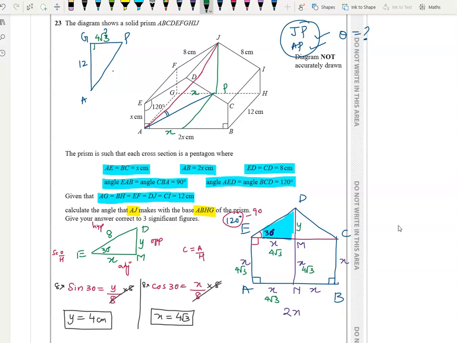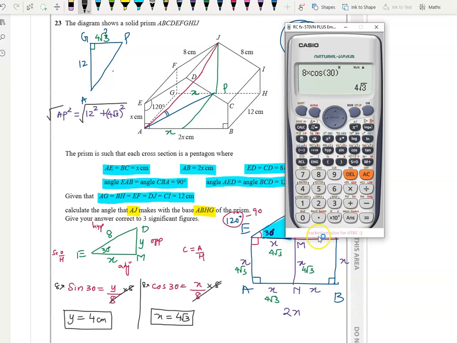Now in this triangle, I can use Pythagoras theorem. So AP square equals 12 square plus 4 root 3 whole square. To find the value of AP, take square root. So take square root of 12 square plus 4 root 3 whole square.